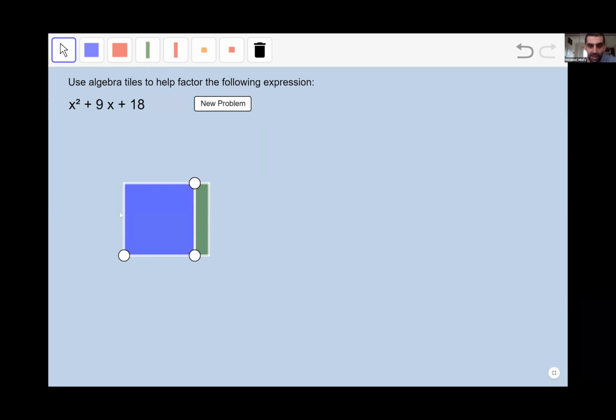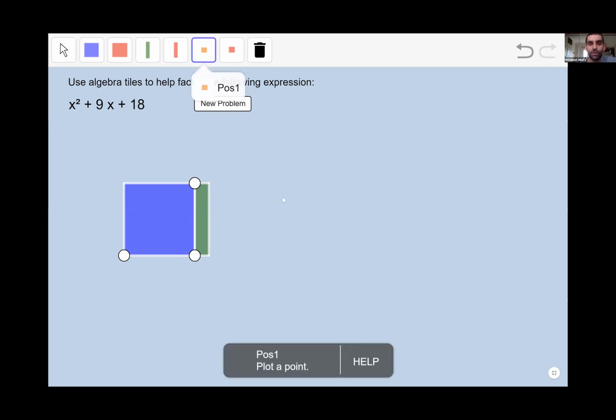This square had side length x. And as for this little piece, we're going to call that a unit. So it's x by 1. This area is x times x, which gives us x squared. This is x, and it matches exactly against the x. And then that small distance is 1. And then this here is our units. So that's just a 1 by 1.